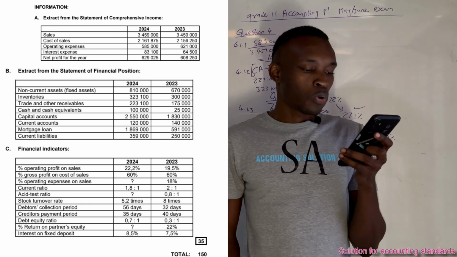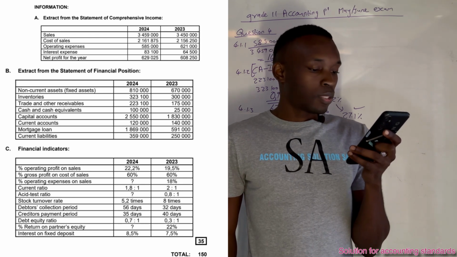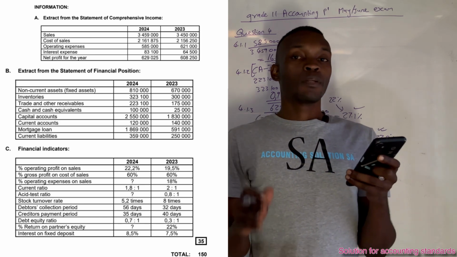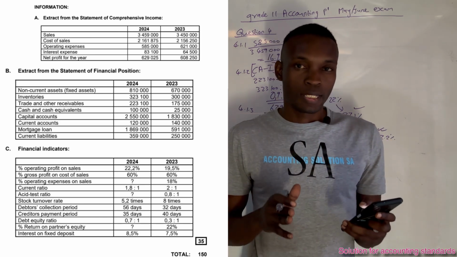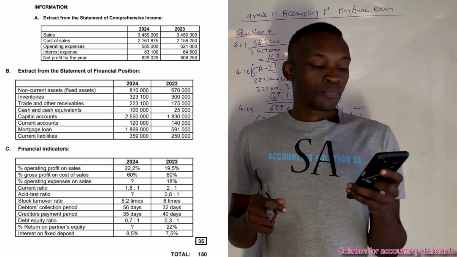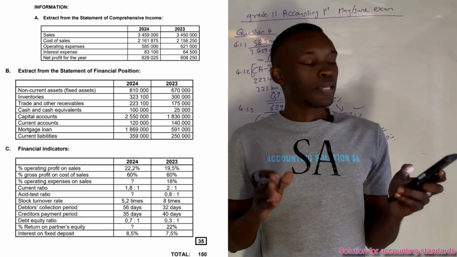It was 2, now it goes to 1.8. So this is not good, because if it keeps going like this, the business will end up not affording to pay the debt. But otherwise, so far, it's still safe.